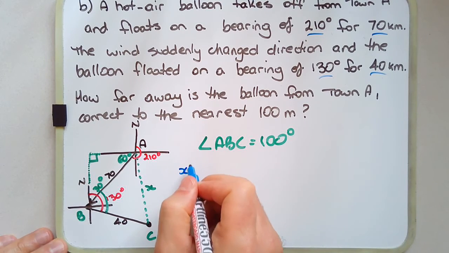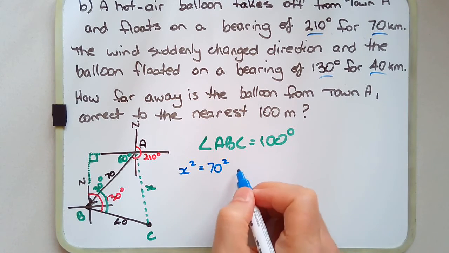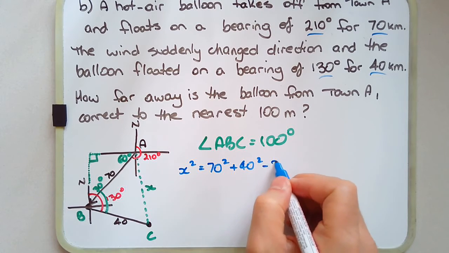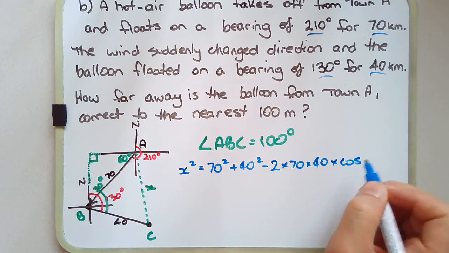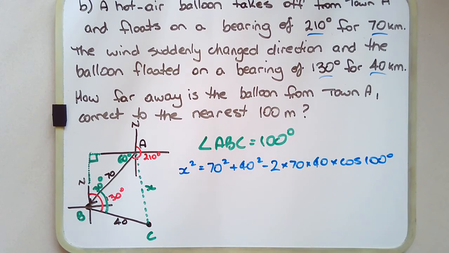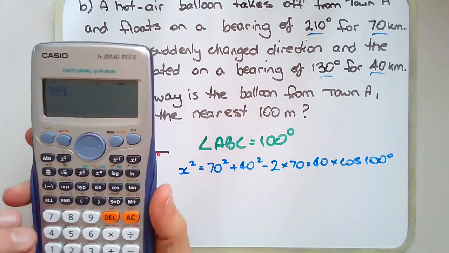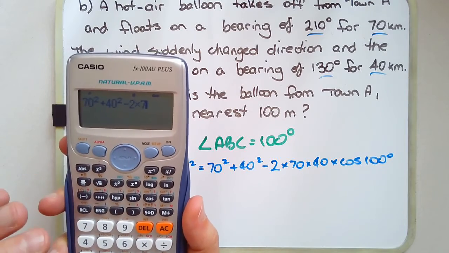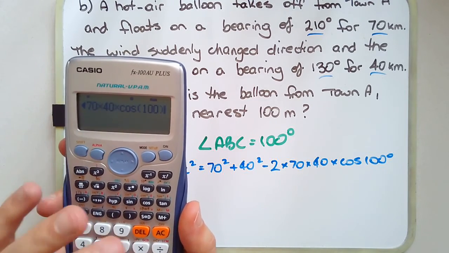So x squared is equal to 70 squared plus 40 squared, the two known sides, minus 2 times 70 times 40 times the cosine of 100. Let's type that in: 70 squared plus 40 squared minus 2 times 70 times 40 times cos of 100.